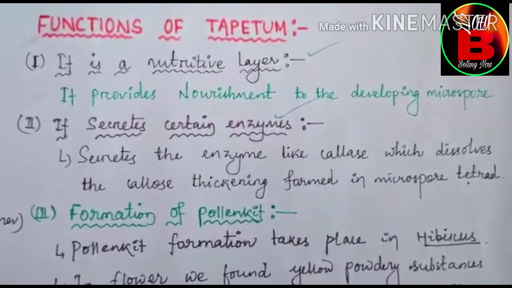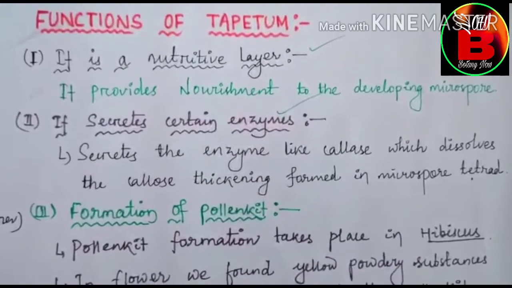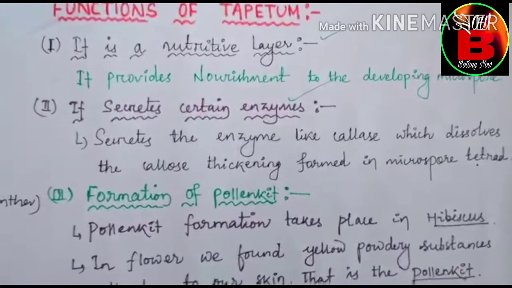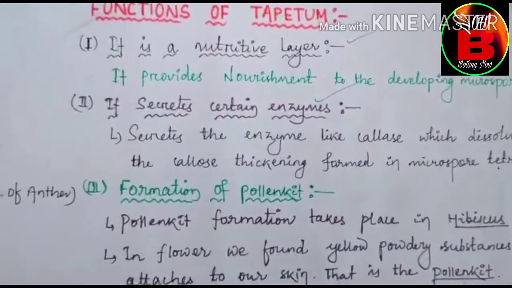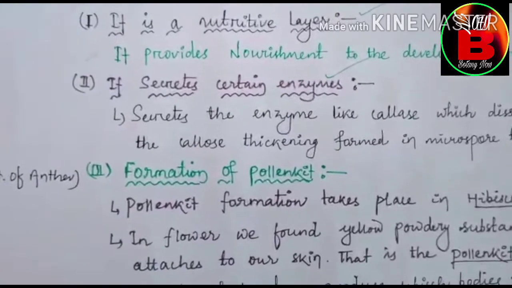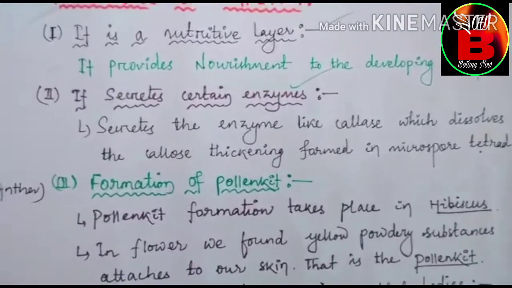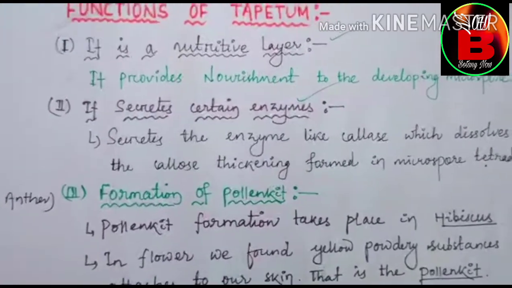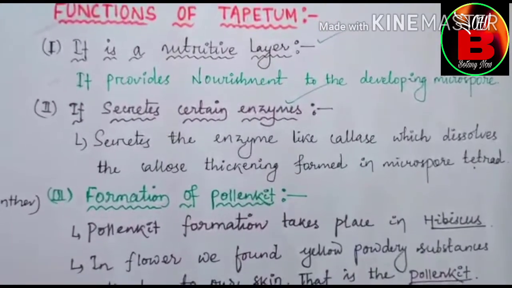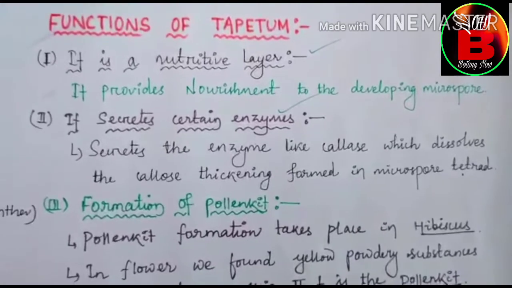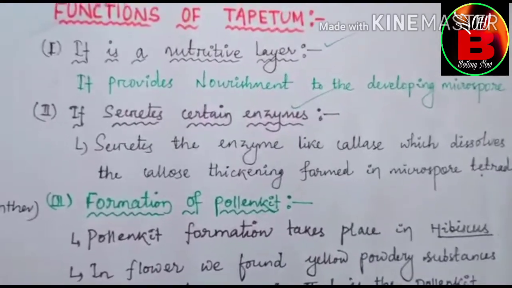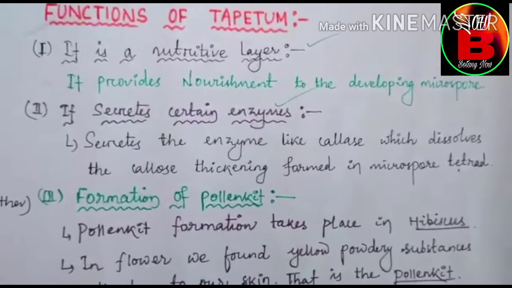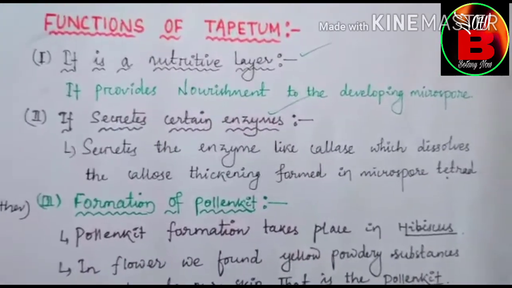This callase enzyme dissolves the wall and separates the microspore tetrad. The microspores form a tetrad, and they remain bound to each other by the callose substance. The callase enzyme dissolves the callose thickening and separates each microspore.